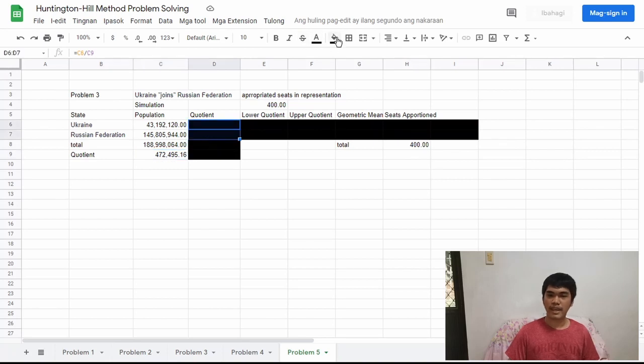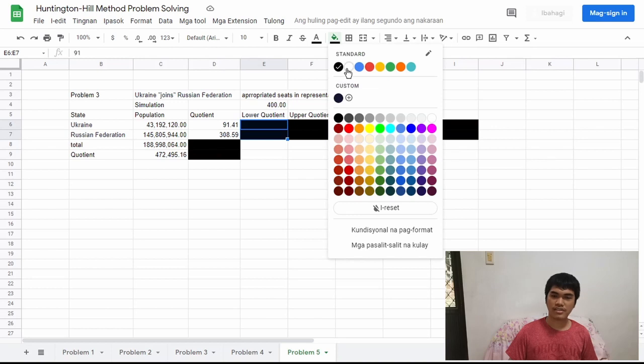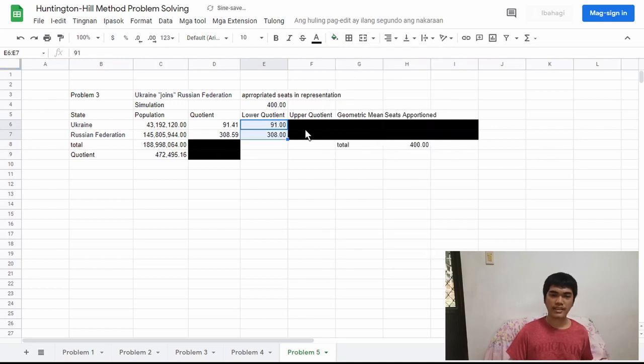Same process that we have gone through in these problems. So we will get for Ukraine 91.41 and the Russian Federation got 308.59. So we'll get the lower quotient, which is rounding down the quotient. We got 91 for Ukraine and the Russian Federation got 308. And the upper quotient, Ukraine got 92 and Russian Federation got 309.